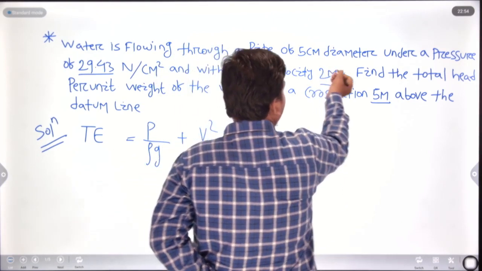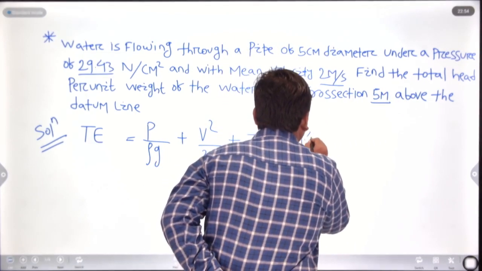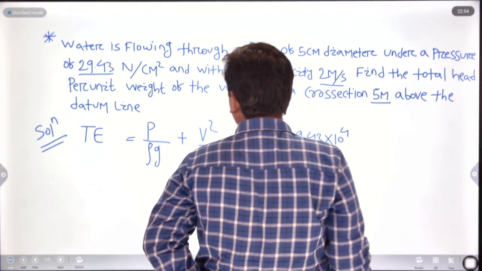Value of P here is 29.43 into 10 to the power 4, converted into meters.